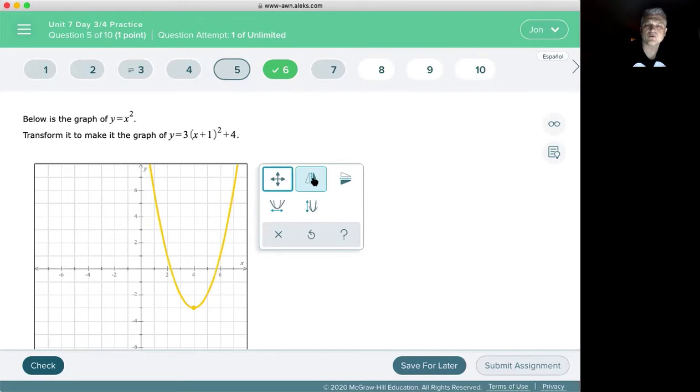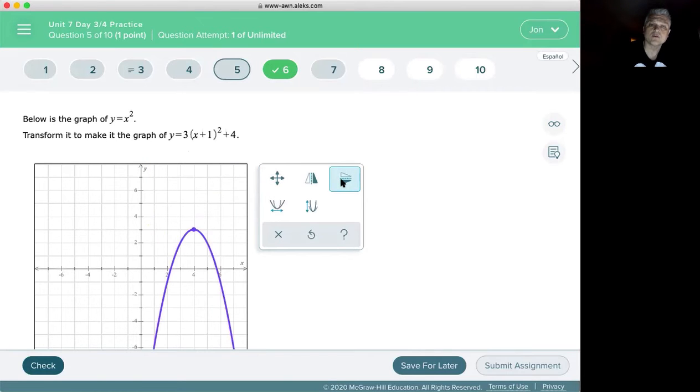This symbol reflects over the y-axis. Okay? We will use that when there is a negative in front of your x inside of the grouping symbol. If there were a negative outside the grouping symbol, we would reflect over the x-axis because it would change the y coordinate.